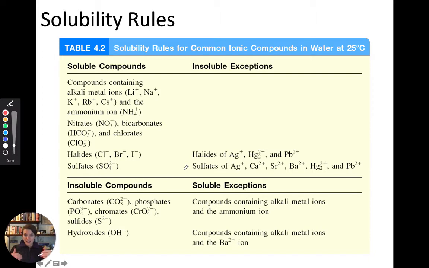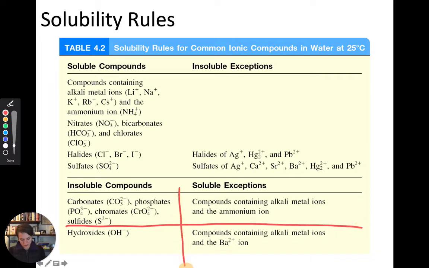Now, the second half of our table kind of flips that. So on the left-hand side, we have insoluble, and on the right, we have these soluble exceptions. So first, we have carbonates, phosphates, chromates, and sulfides, which are generally insoluble.